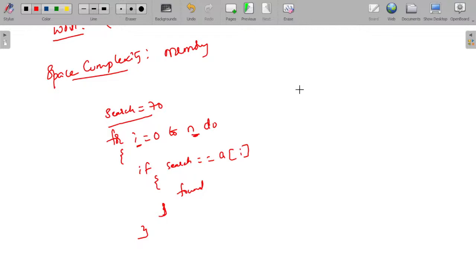So here we have 2 plus the size of the array, which is represented in terms of n. So the space that it is going to occupy is 2 plus n, right? And this is the amount of space that this particular algorithm is going to take to complete its execution. So this is how we compute space complexity. Space is nothing but the amount of memory it is going to occupy in order to complete the execution of this particular problem or algorithm.